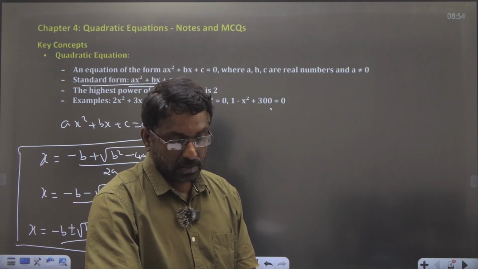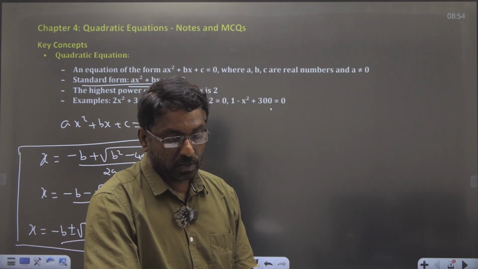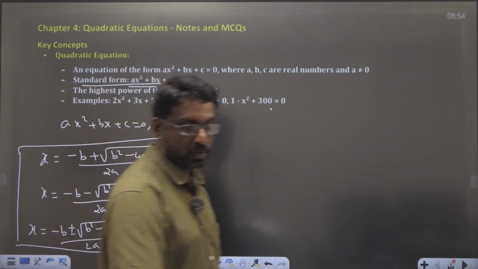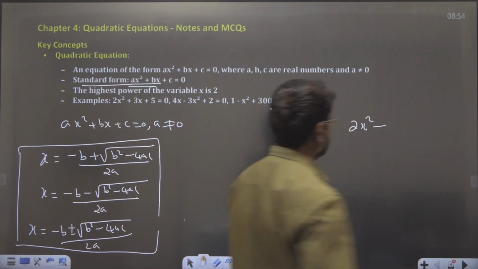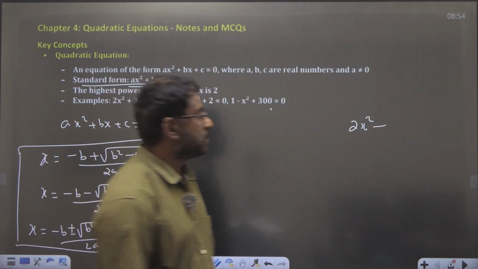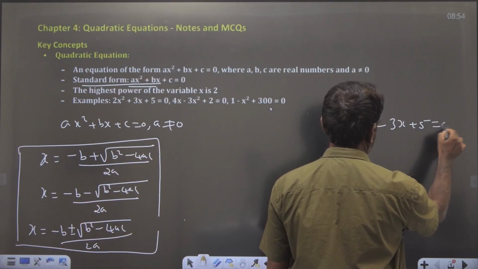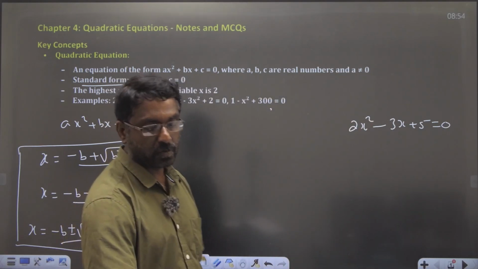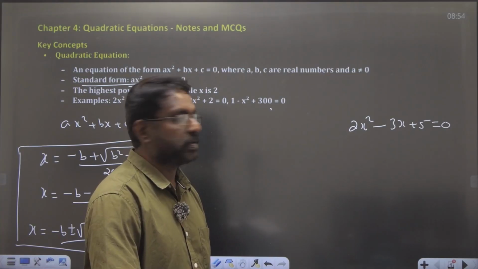First question: find the nature of the root of 2x square minus 3x plus 5 equal to 0.